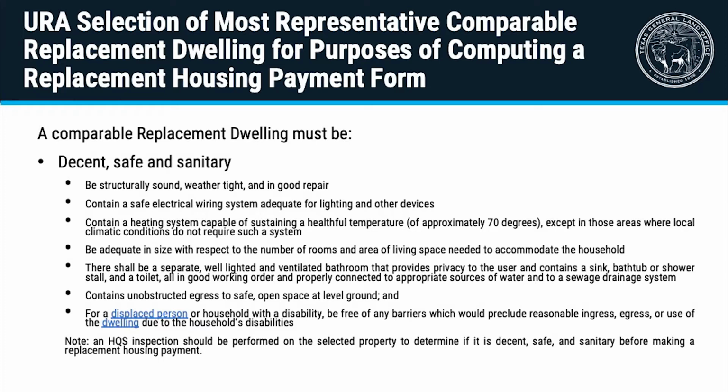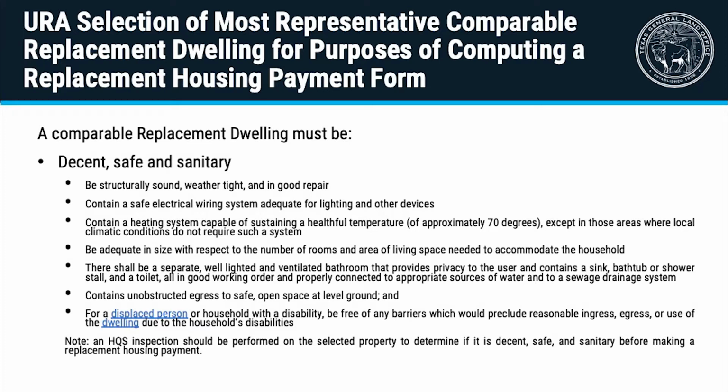There shall be a separate, well-lighted and ventilated bathroom that provides privacy to the user and contains a sink, bathtub or shower stall, and a toilet, all in good working order and properly connected to appropriate sources of water and to a sewage drainage system. It must contain unobstructed egress to safe, open space at ground level.